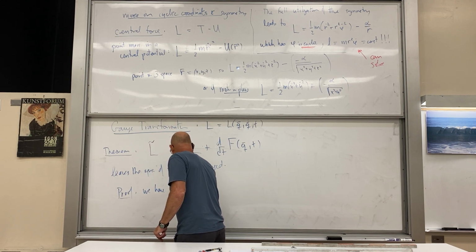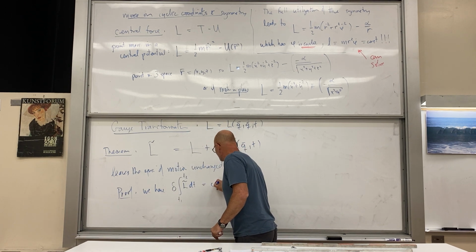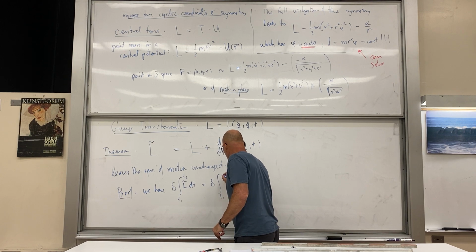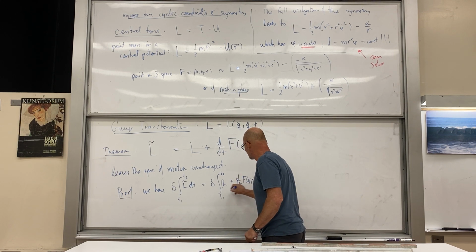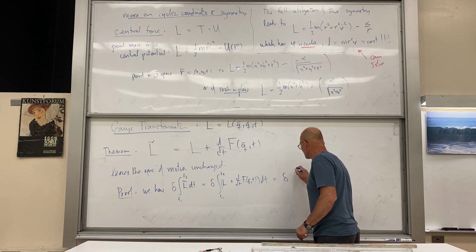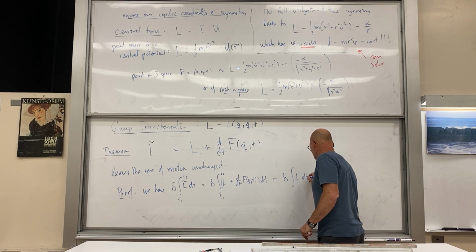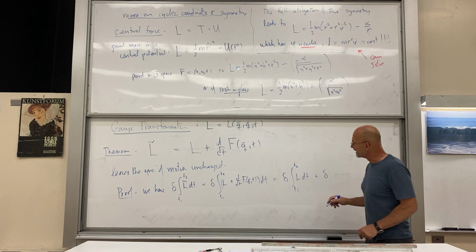So we have the variation of the integral from t1 to t2 of L tilde dt equal to the variation of the integral of L plus d/dt of f of q and t, equals the variation of the integral of L dt plus the variation of what?